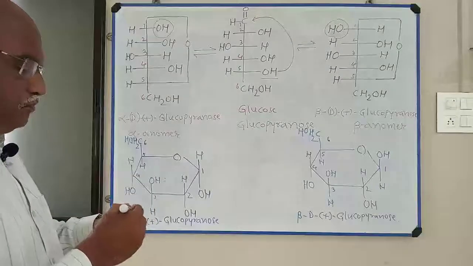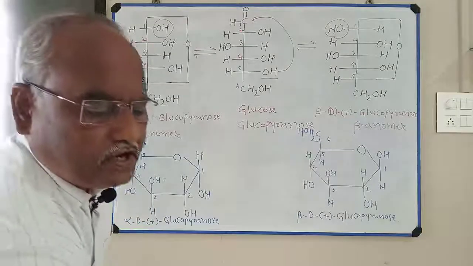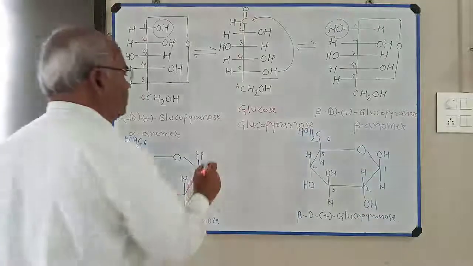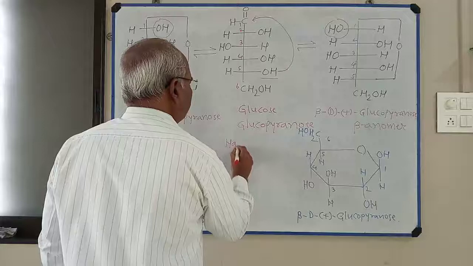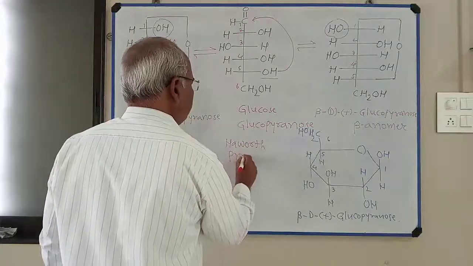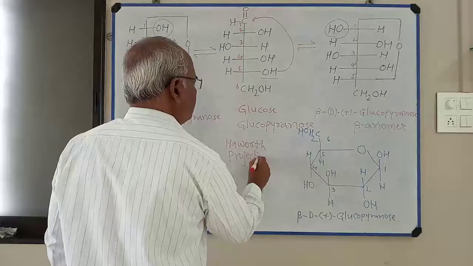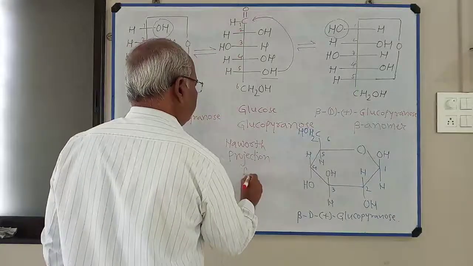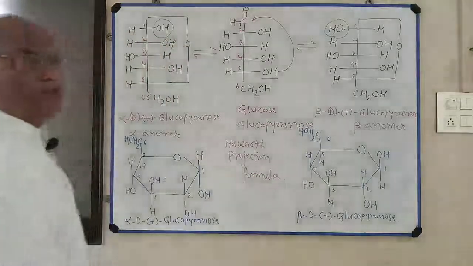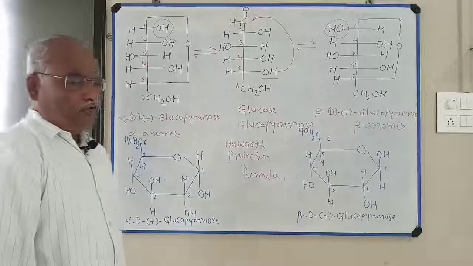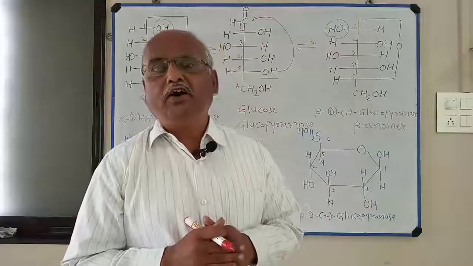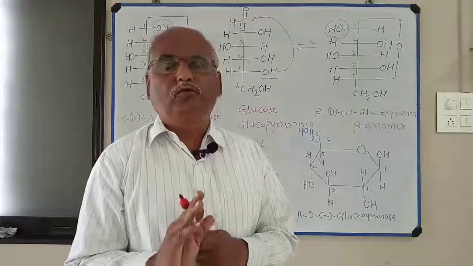This system of representing the glucose molecule is called Haworth projection formula. So in this way, today I explain cyclic or ring structure of glucose.